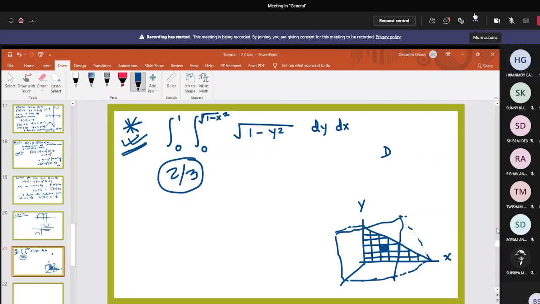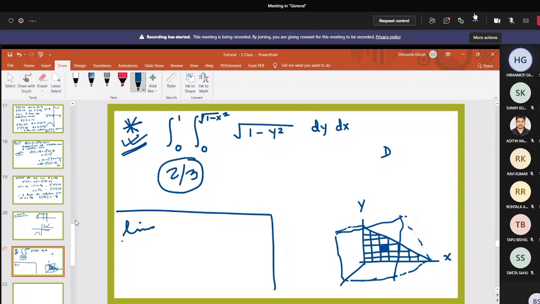If you are going to directly evaluate the double integration, sometimes it may be possible that the curve will not be defined, so the double integration will not exist. Just for simplicity, think of a function of several variables, with the limit as (x,y) tends to some point (a,b) of f(x,y).